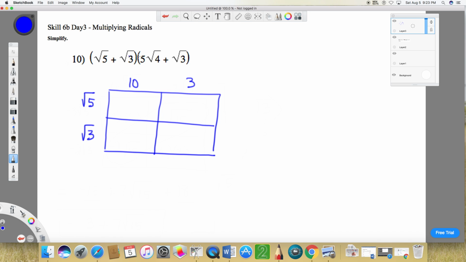I was just blindly copying down what they gave me, and I should have looked at it and said, oh yeah, hey, over here, this is 10 plus the square root of 3. Now, 10 times the square root of 5 is 10 radical 5. And this times this is 3 times radical 5. And 10 times that is 10 radical 3. And here 3 times that is 3 radical 3.